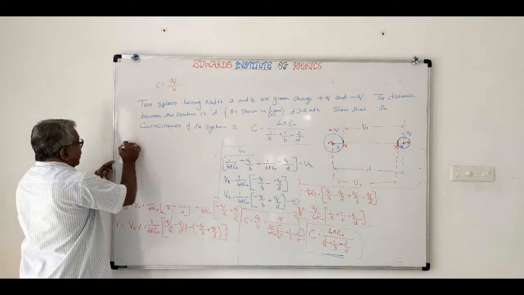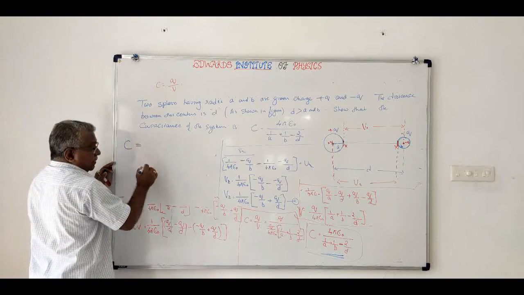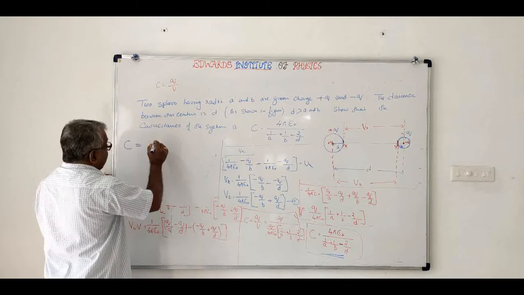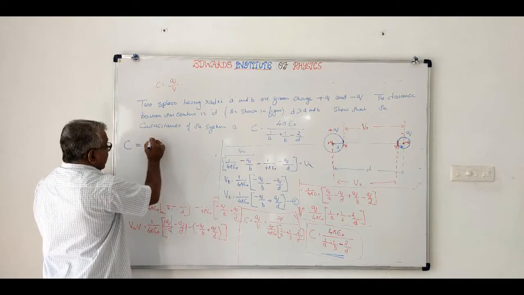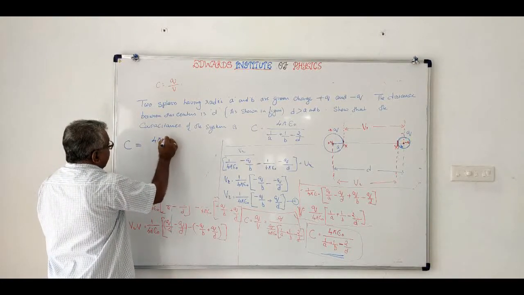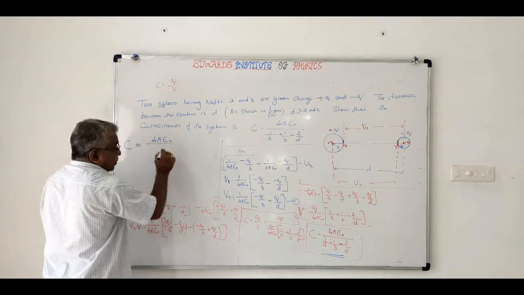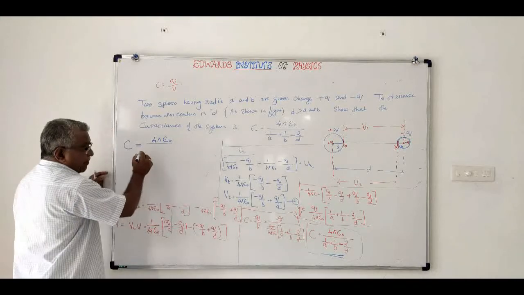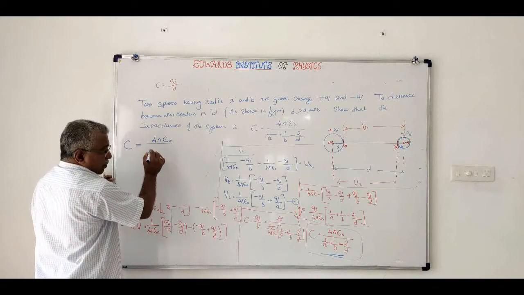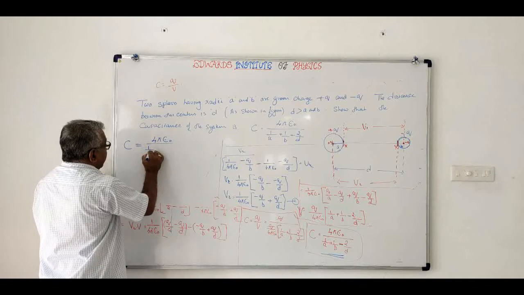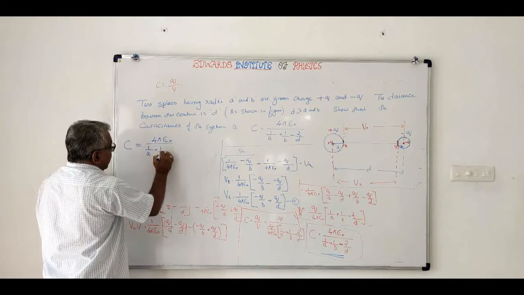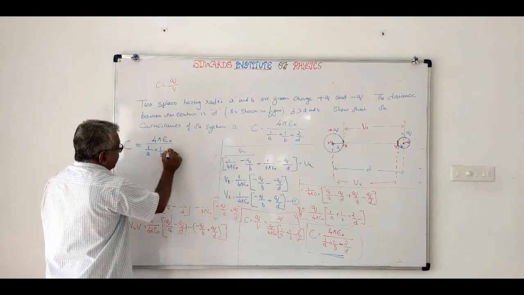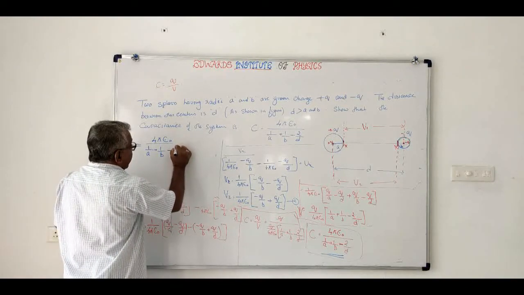The capacitance of two spherical capacitors separated by a distance d and having radii a and b is given by 4 pi epsilon 0 times 1 by a plus 1 by b, plus or minus. Here we got a minus, so let us put minus 2 by d.